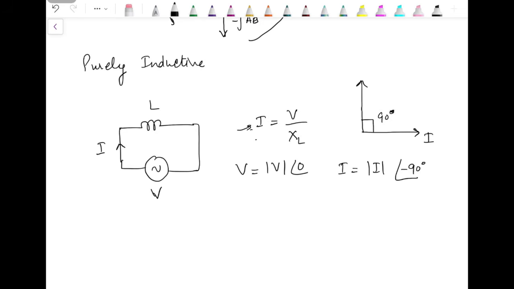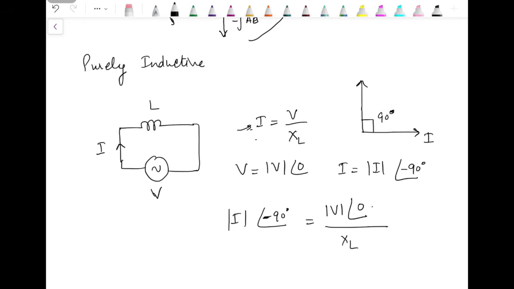So when I write all these values over here, I is at angle minus 90, voltage V is at angle 0, and in the denominator we have XL. Now on both sides if we compare, on this side we have a minus 90 degree angle, here we have a 0 degree angle.